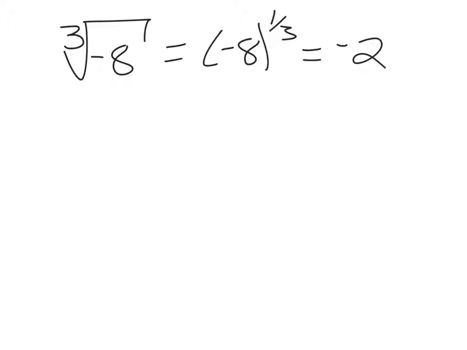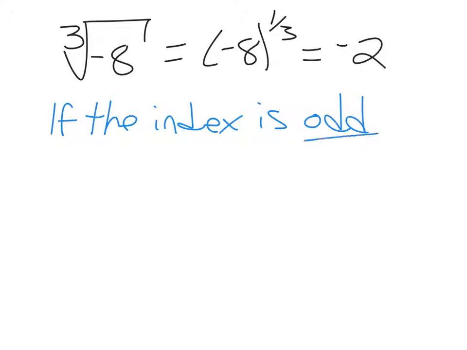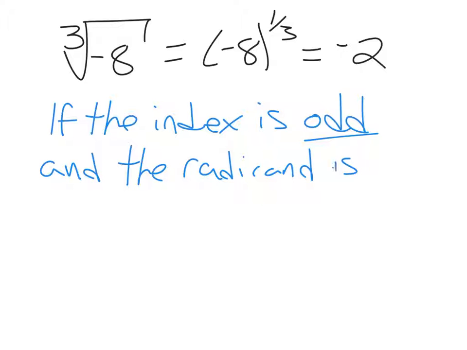When it's an even index, you can't do a negative. With an odd index, though, you can do a negative. So if the index is odd and the radicand is negative, that's okay.